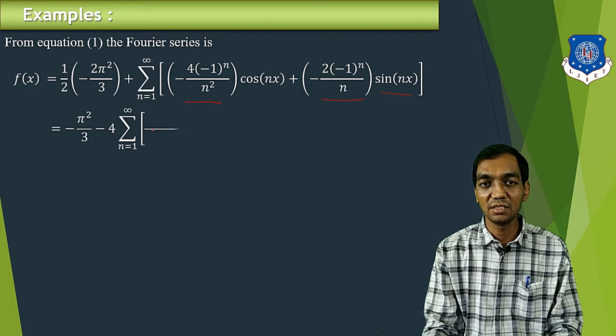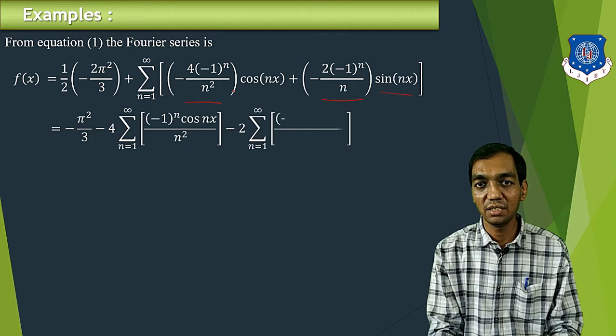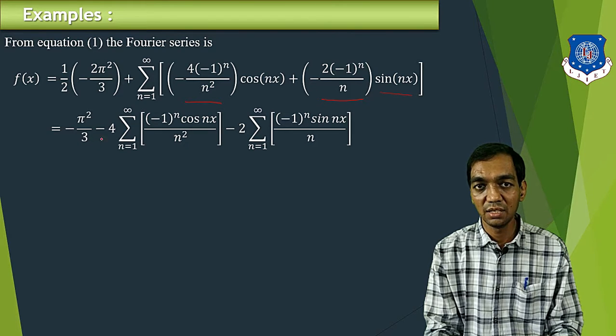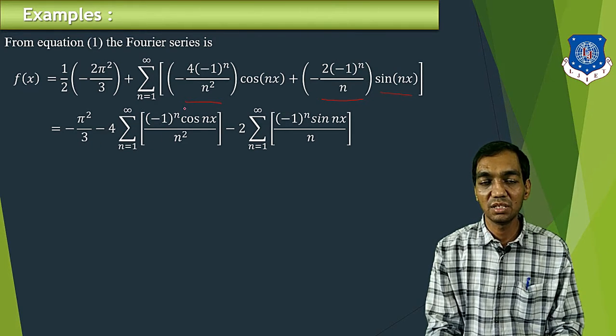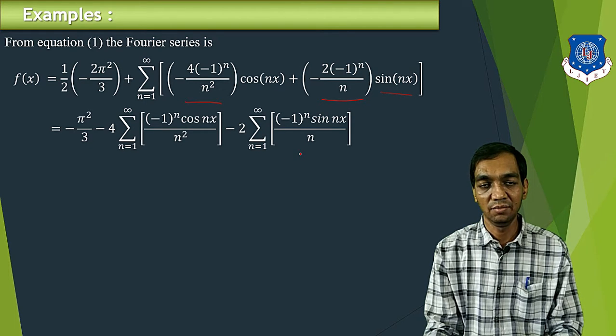And if you write this in a simple form and separate the terms, then you will have minus pi square by 3 minus 4 into sigma minus 1 raised to n cos nx upon n square minus 2 into the sigma minus 1 raised to n sin nx upon n.